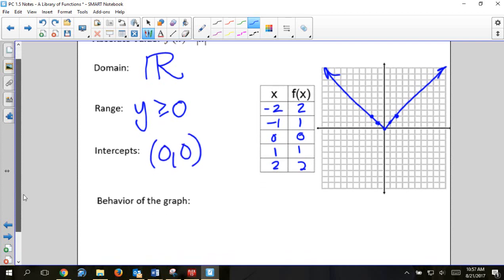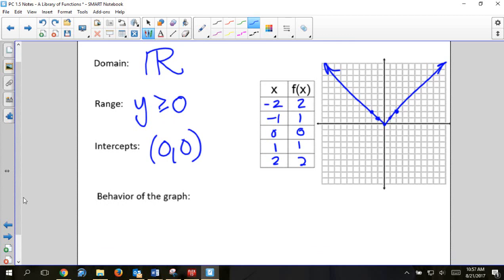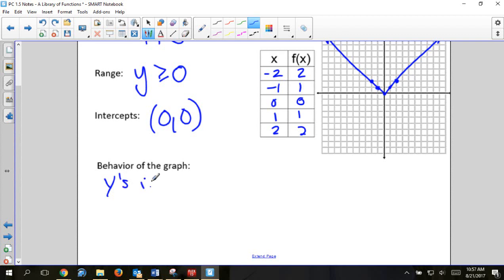And then the behavior of the graph. The behavior as the x's go from left to right. You get in the little roller coaster and it's riding this graph. What's happening right now on your roller coaster? We're going down, and then we get to here, and what happens? It goes back up. So we're going to say the y's increase when the x's go from negative infinity to 0.